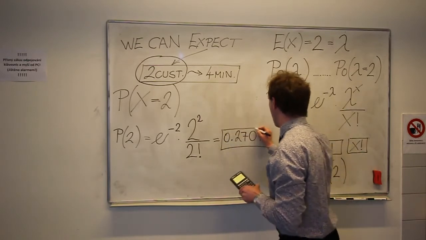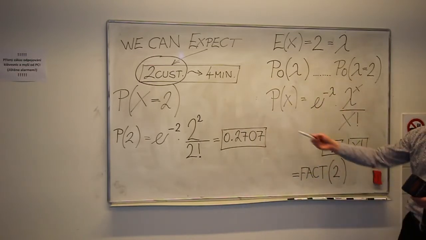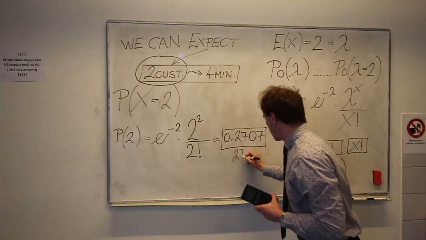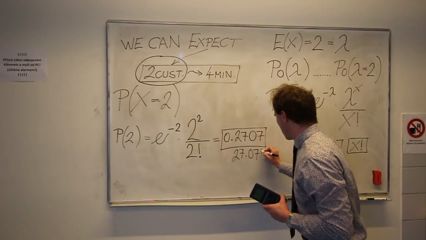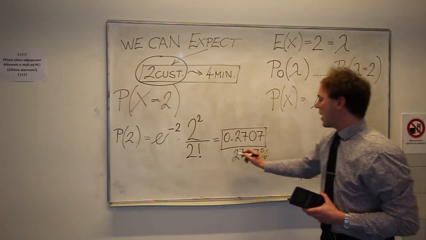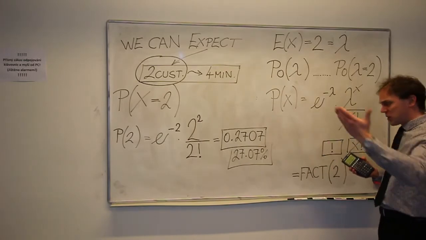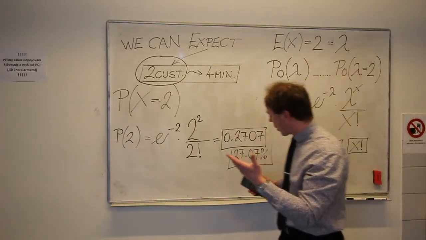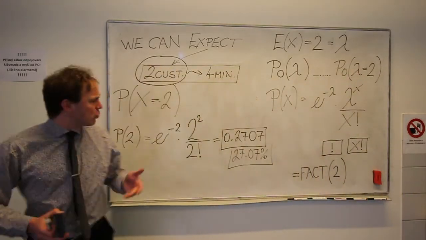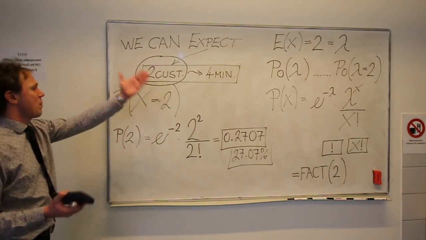Okay, so this is the probability: 27.07% that random variable x, the number of customers in your store, will be equal to 2 within 4 minutes, yes?